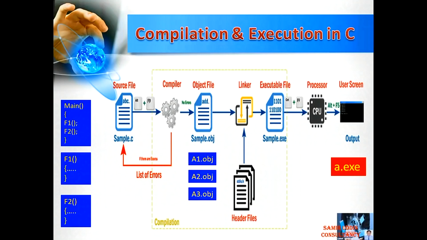Suppose there are two methods or function calls inside the main method as a source file, and this source file compiles through the compiler and produces object files with the extension .obj, like a1.obj, a2.obj, a3.obj.